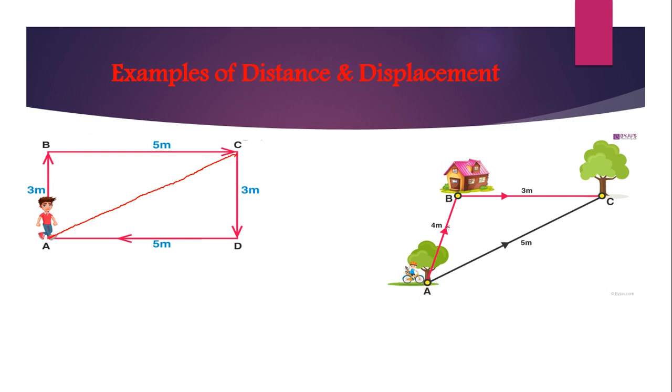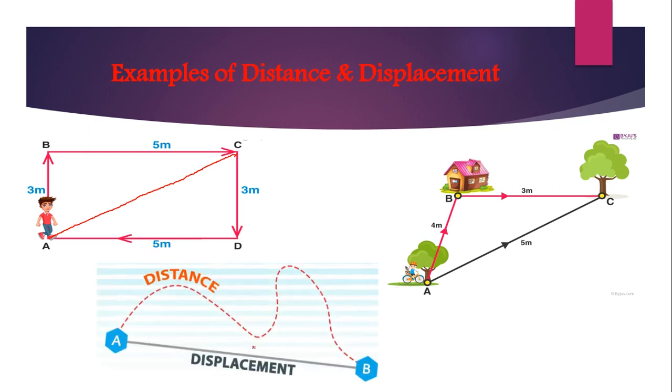When we have to find the distance, we will simply add this 4 meter and this 3 meter, which will be 7 meter. So the distance traveled will be 7 meter. But what will be the displacement? Again, to find the displacement, we will have to find the length of this diagonal, which is 5 meter. So 5 meter will be the displacement.